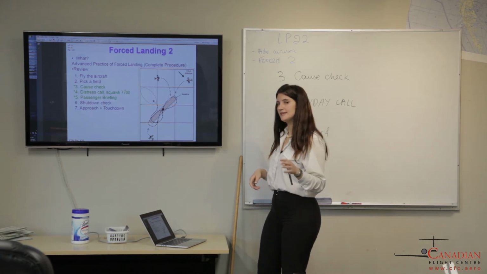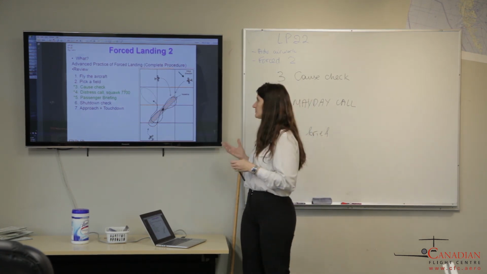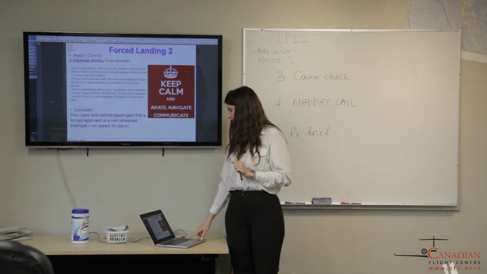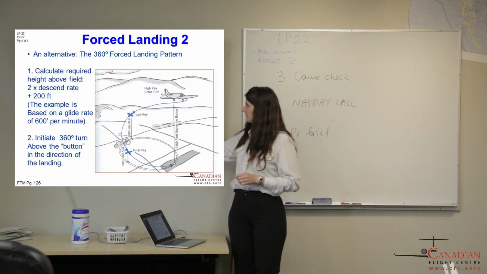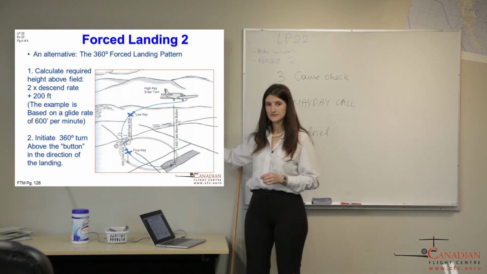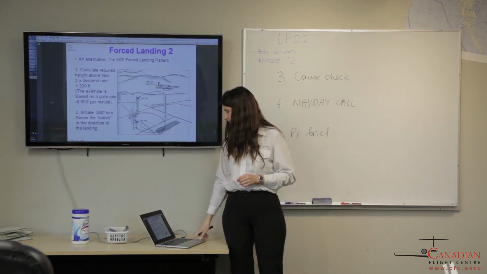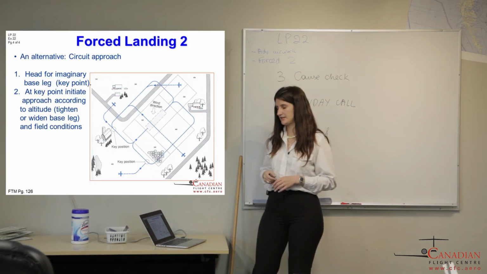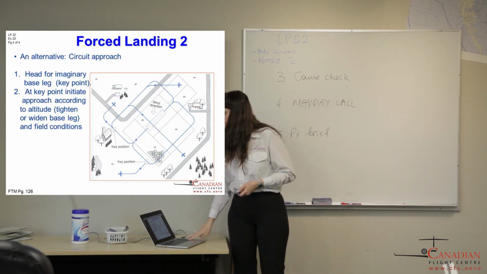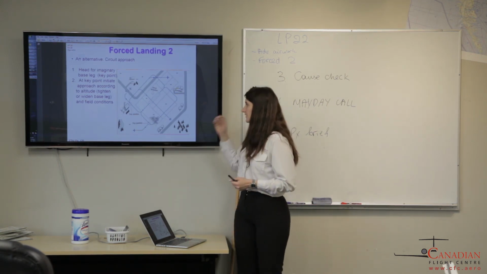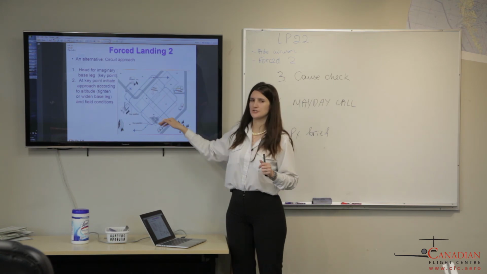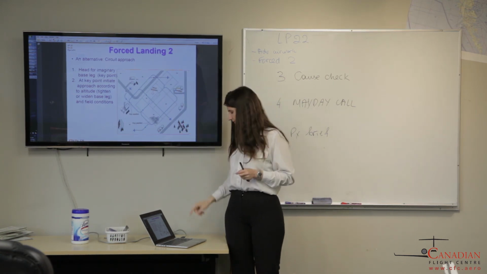You're welcome to read about those other techniques. This is the one we are using, but just so you're aware, there is a 360 approach, and there is a circuit approach, as if we were flying a circuit. There are reasons why we do not teach them, because it's a little bit harder to predict your altitude and make the field consistently.